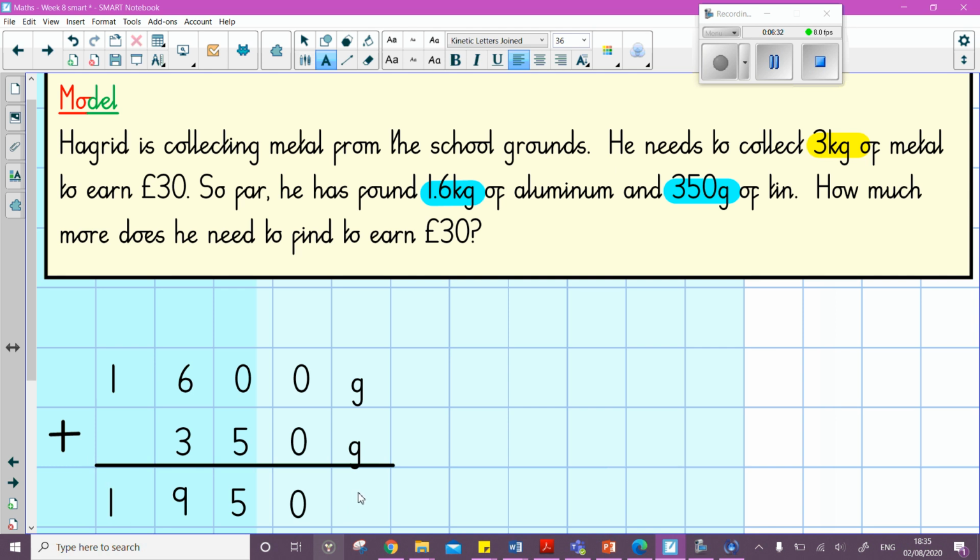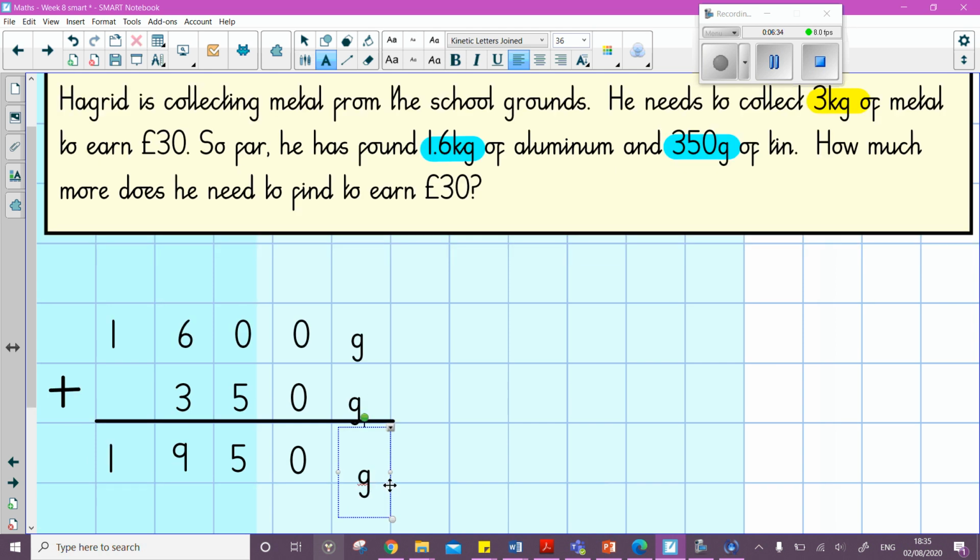So altogether so far, he has found 1,950 grams.